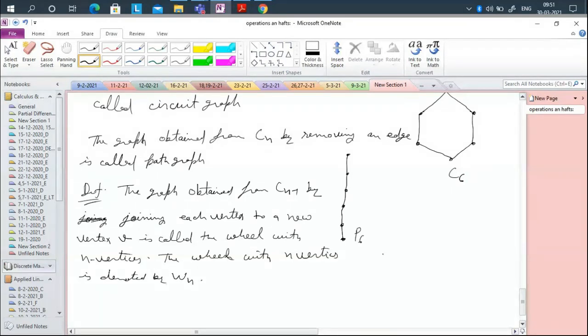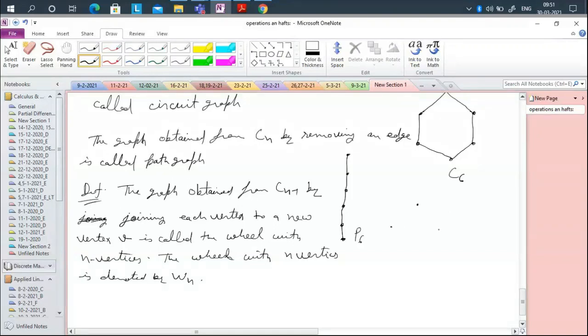So a graph obtained from the cycle graph Cn-1 by adding a vertex such that each vertex is joined to that new vertex is called a wheel graph.